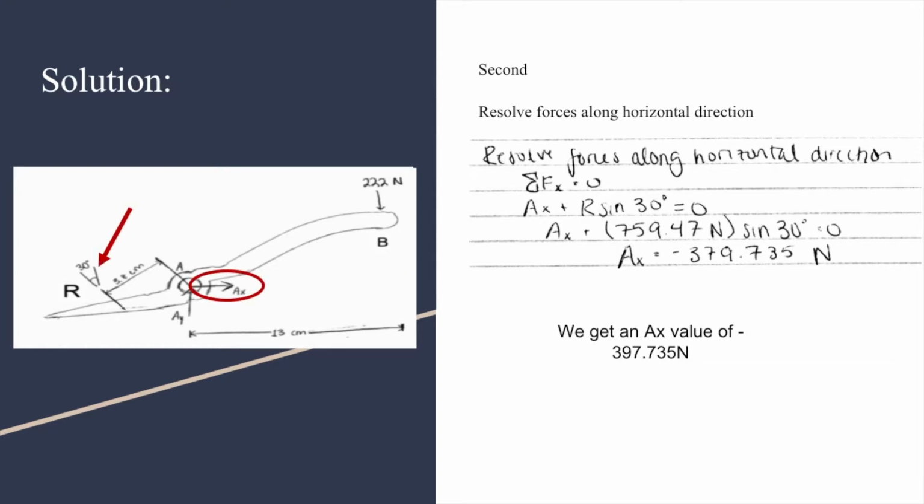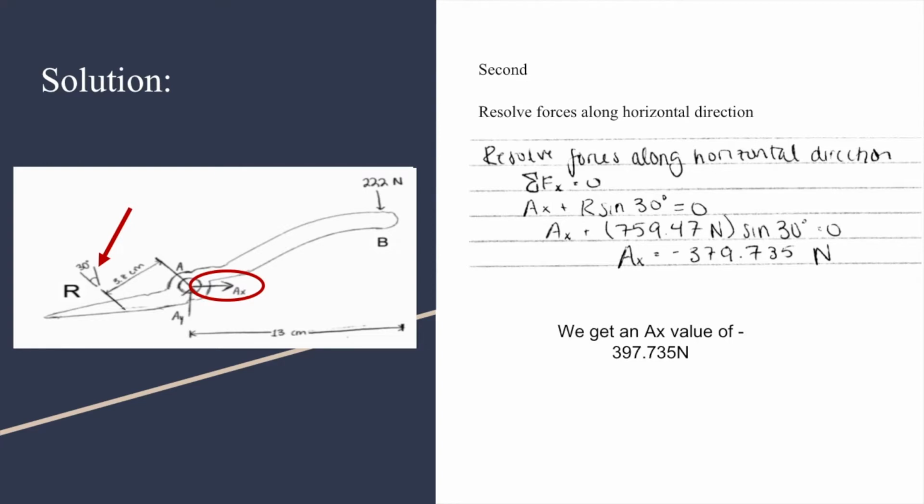Second, we have to resolve the forces along the horizontal direction. That is A sub x. So the sum of the forces along the X direction has to equal 0. We include in this sum A sub x, which is the reaction force in the horizontal direction, the sine of the angle, which is 30 degrees, and R as well.